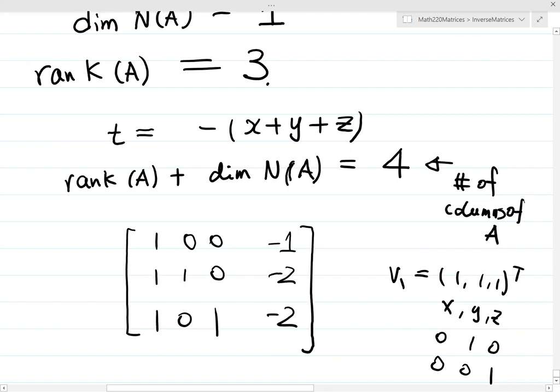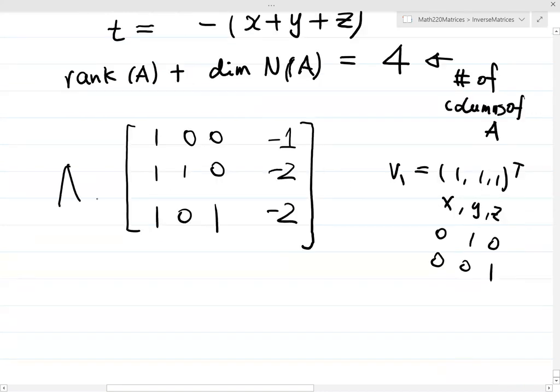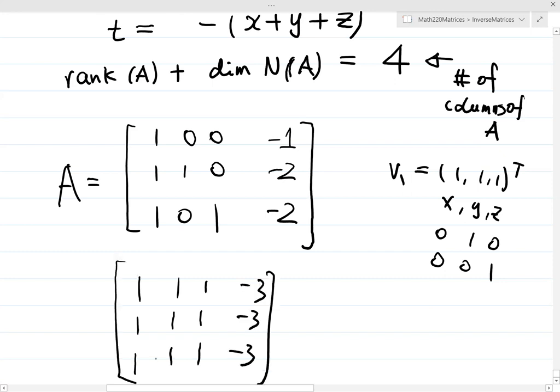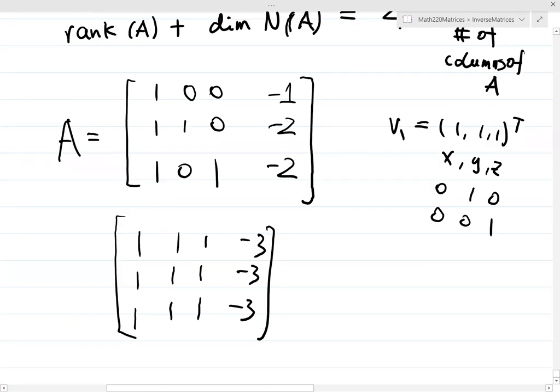The choice we just did works. Now this one doesn't work. This row is 1, 1, 1, and you can compute t according to this rule: t is negative (x plus y plus z). If you add them together you get 3, and then you multiply by negative 1.